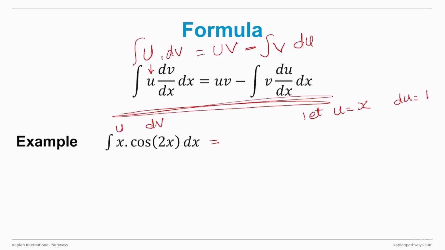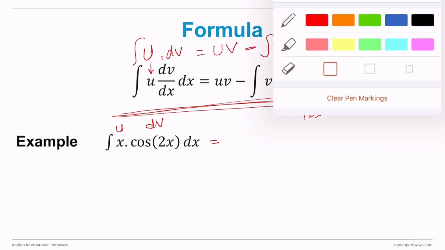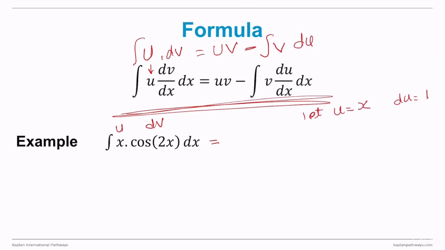And dv is from the question, which is cosine 2x.